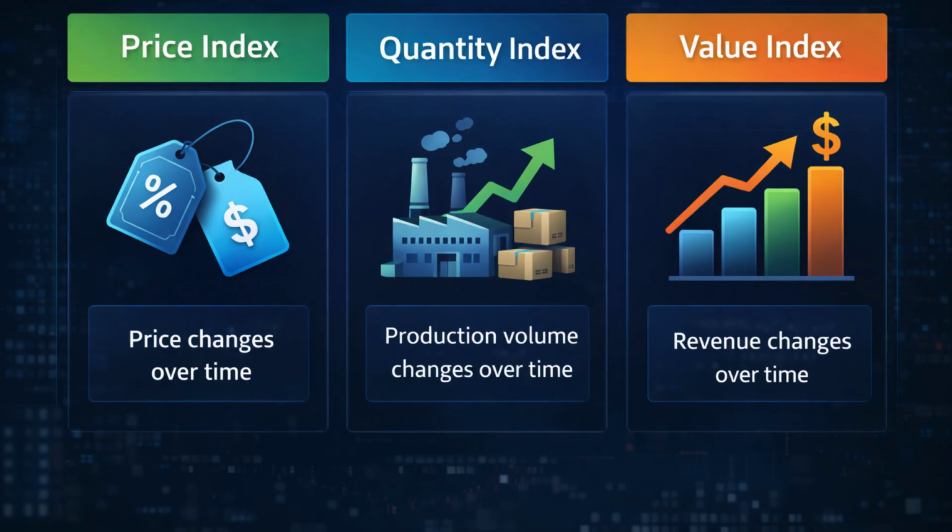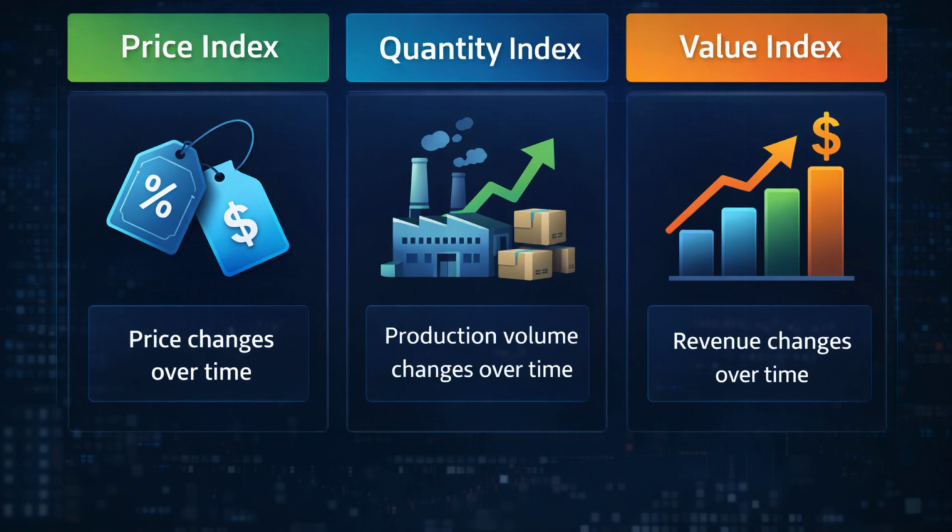So far we have discussed index numbers in general terms, but economists actually classify index numbers into several different categories. Each category measures a different type of economic change. Some indices measure price changes, others measure changes in quantities produced or consumed, and some combine both price and quantity to measure overall value.